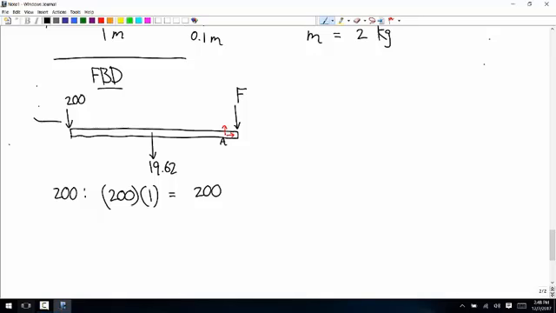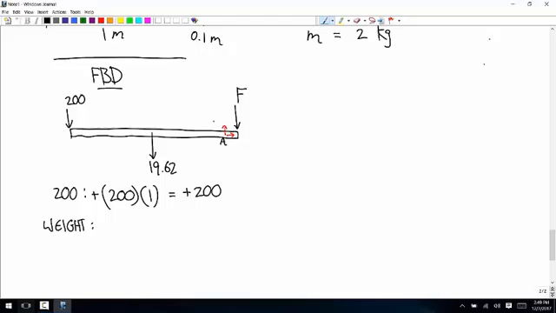And would that 200 Newton force make it rotate clockwise or counterclockwise? Counter, yep. And then we have the weight force. How far is it from where the weight's applied to A? Well, that's a little tricky, I guess.